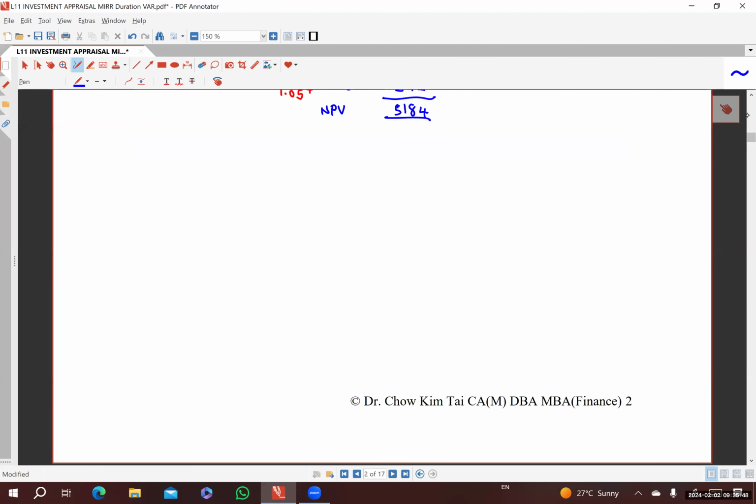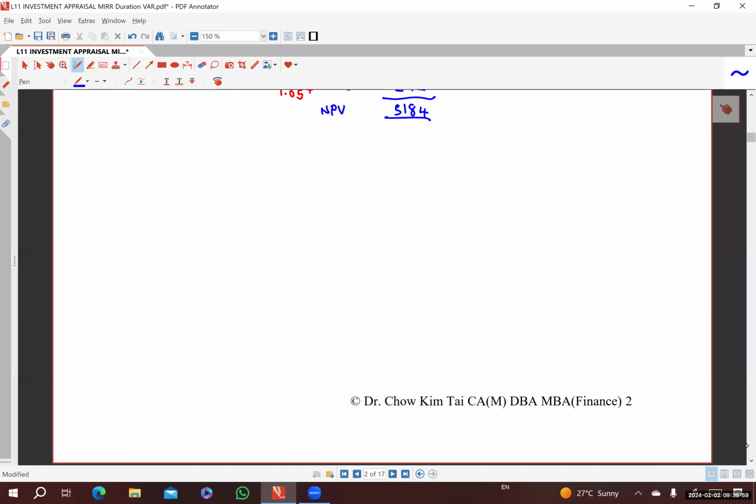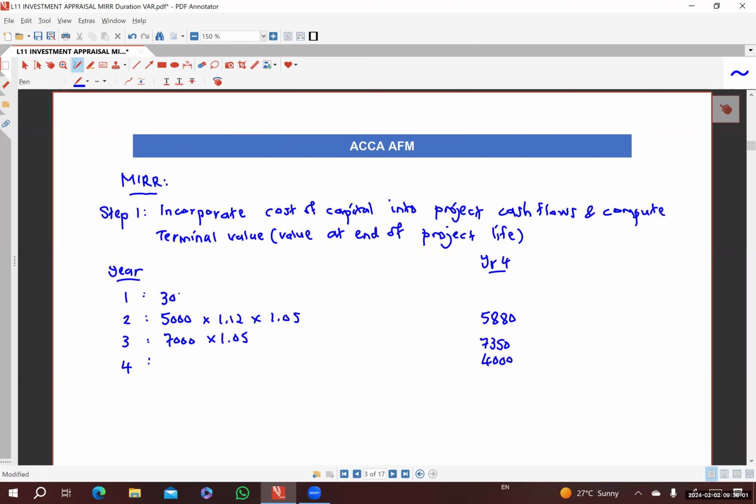You receive 3,000 at the end of the first year, you reinvest in the second year, you earn 10%, and then 12%, then 5%. That's what we do. You compound forward to get the terminal value, 3881. So you total all this for the terminal value.